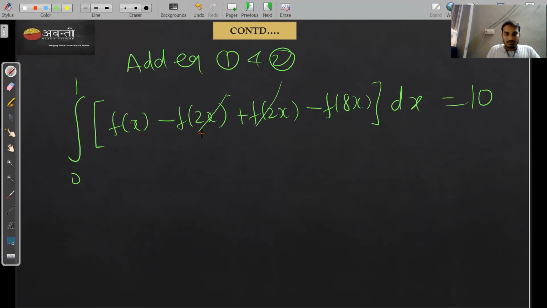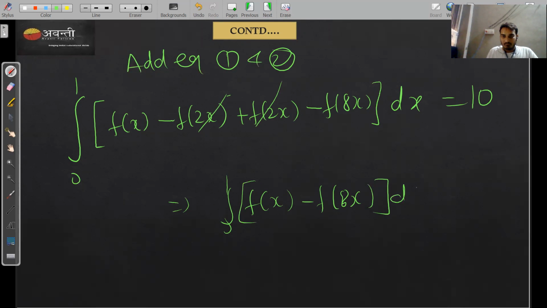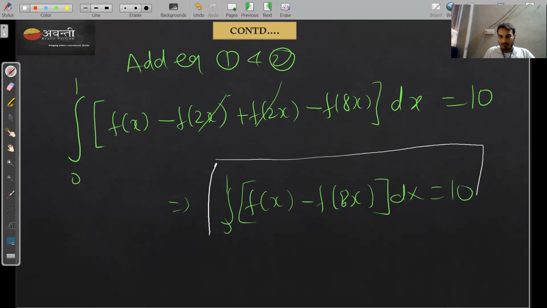See, this f of 2x and this f of 2x cancel. So it becomes the integration from 0 to 1 of f of x minus f of 8x dx equals 10, right? And this is what is asked in the question: find the value of the integration from 0 to 1 of f of x minus f of 8x dx, right?